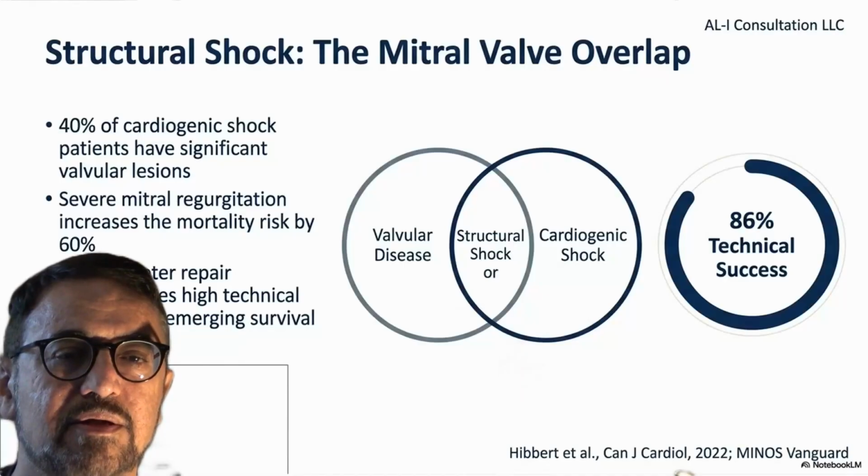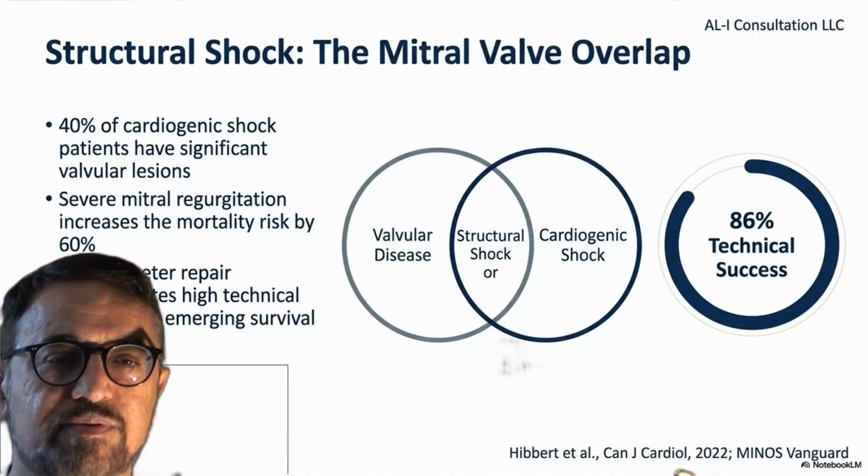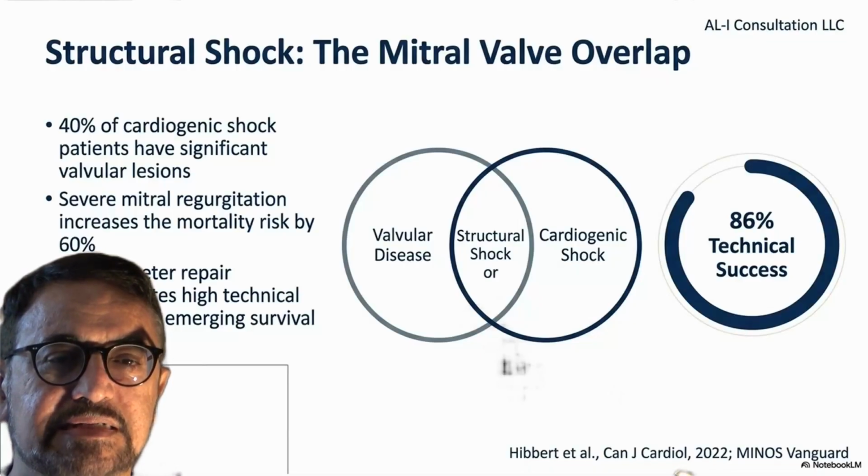Not all cardiogenic shock is pure pump failure. Structural disease, especially severe mitral regurgitation, can markedly worsen low output and accelerate pulmonary edema, congestion, and hypoperfusion. That is why it is so important to look for overlap between valvular disease, structural shock, and the broader syndrome of cardiogenic shock. The clinical implication is that bedside echocardiography is indispensable.